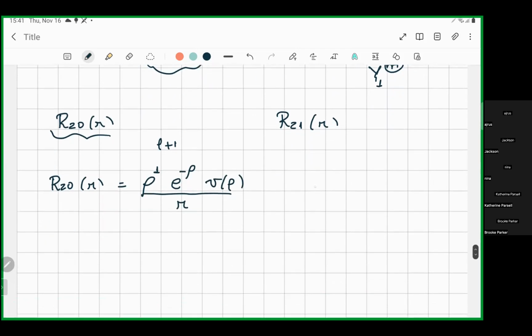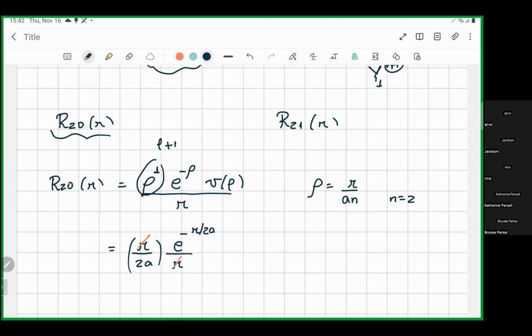We said that rho is r over a n. n in our case now is 2, so wherever there is rho, I'm going to put r over 2a, so this is exponential of minus r over 2a, everything divided by r, so you see that this will cancel.